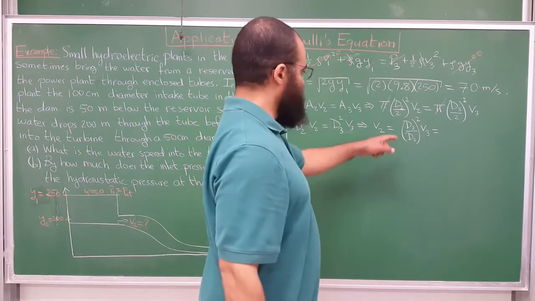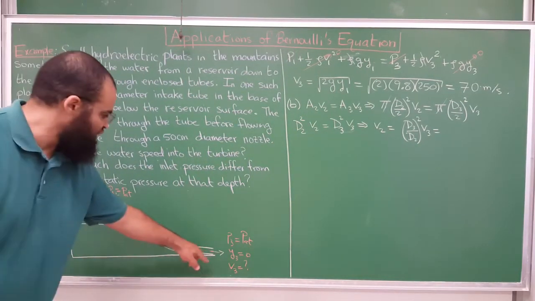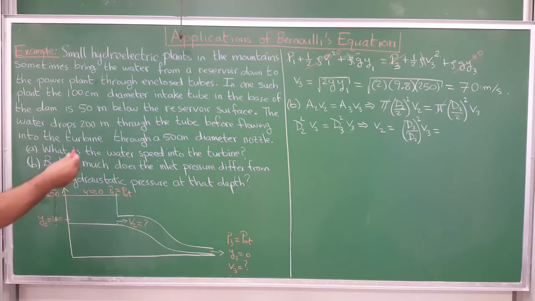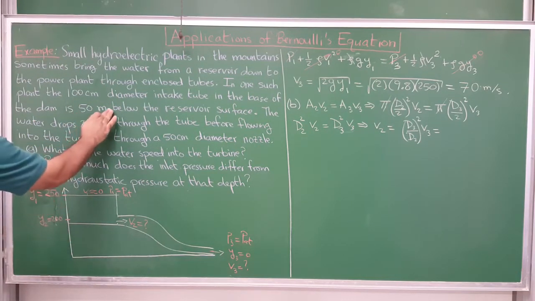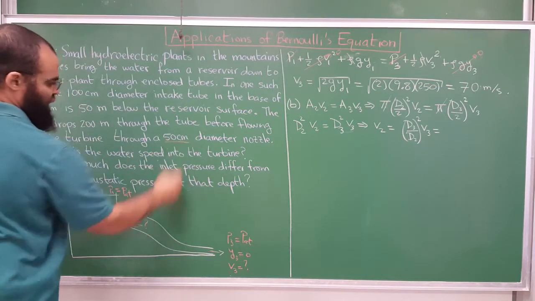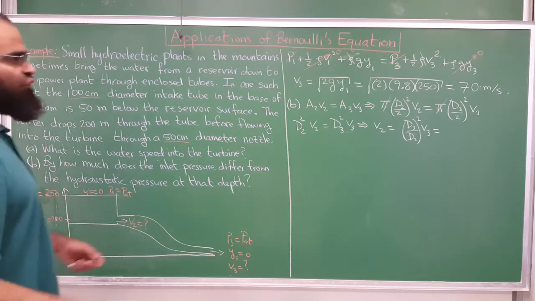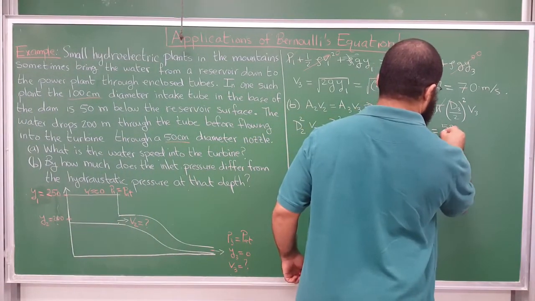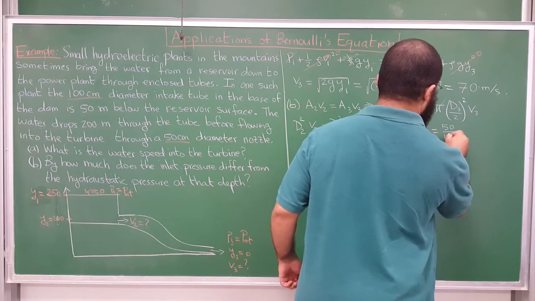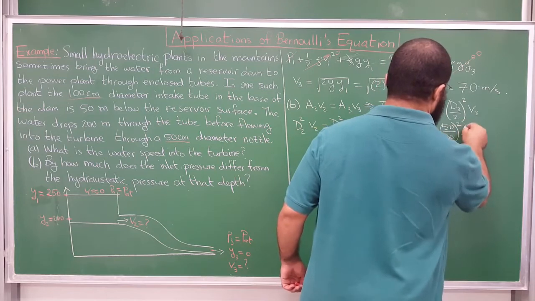And so what do we get? The tube here is 50 centimeters, and the tube here is 100 centimeters. So it will be 50 centimeters over 100, squared, times 70.